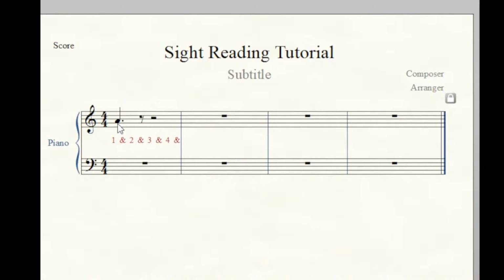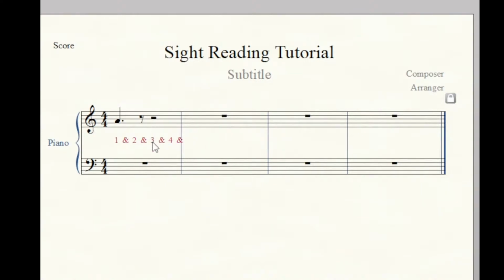You'll automatically know that this is held for the 1 and the and. This is not lined up that great, so this would be more like this. Right there.